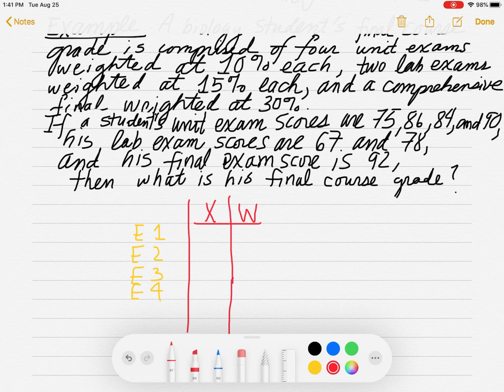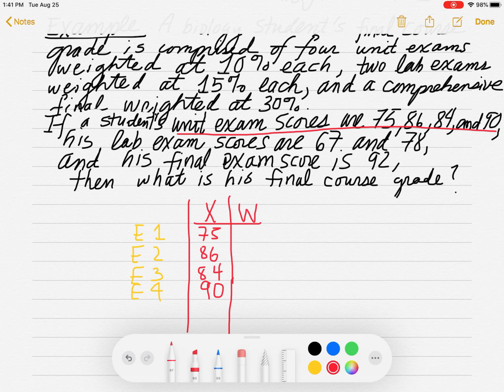I'm going to write down the scores and their weights. Unit exam scores are 75, 86, 84, and 90. Okay, that goes in my data value column.